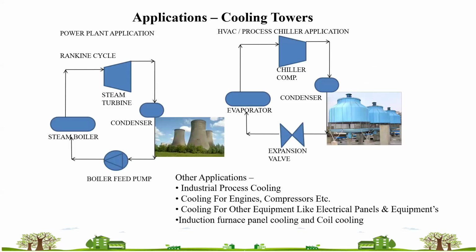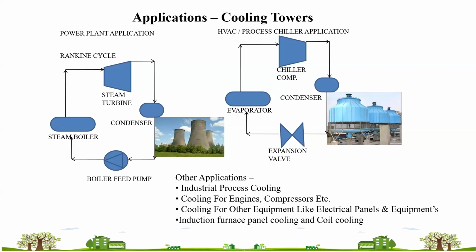Then we'll go to the applications of cooling tower, which we have discussed. One application is power plants. In a power plant there are multiple types of turbine, like a condensing turbine and a back pressure turbine. Majorly the cooling towers are used in condensing turbines, where some part of the steam is condensed and cooled with the help of your cooling tower.